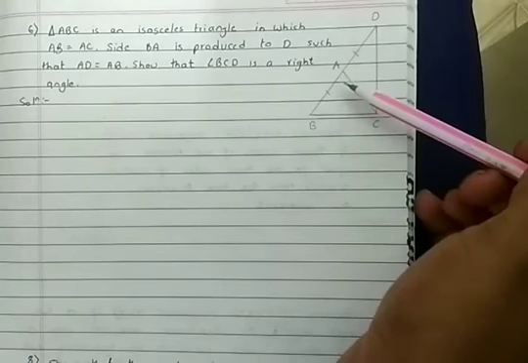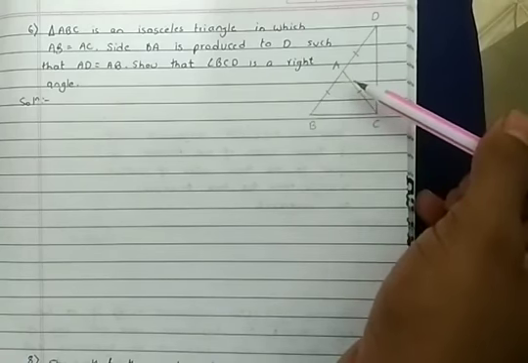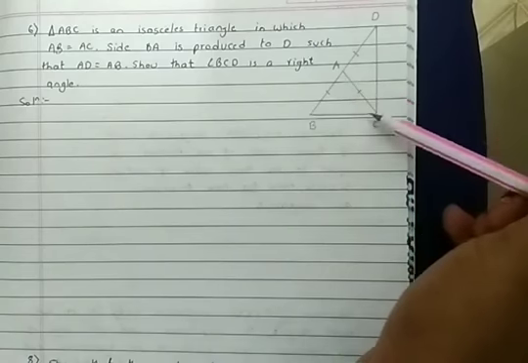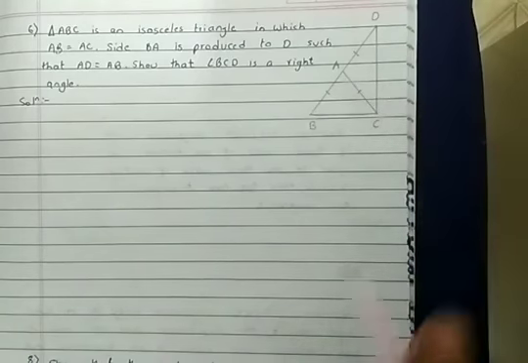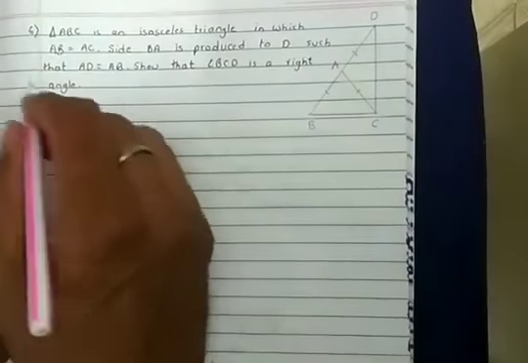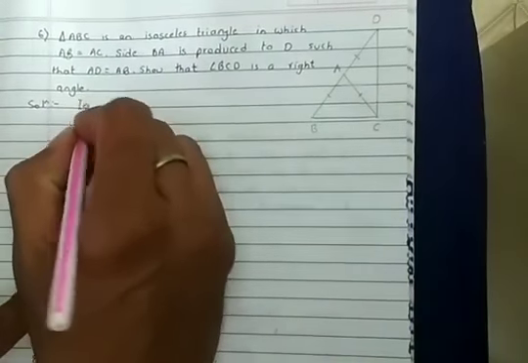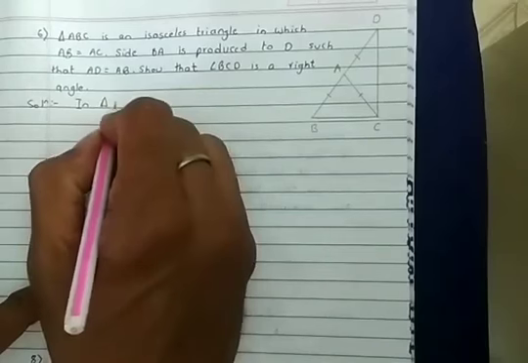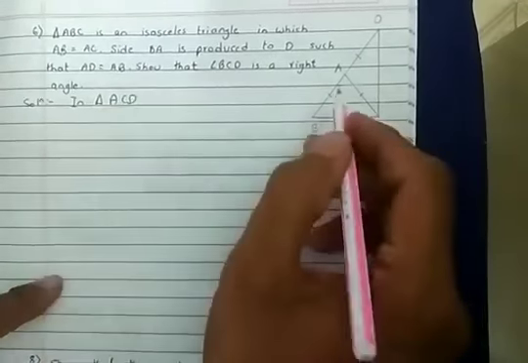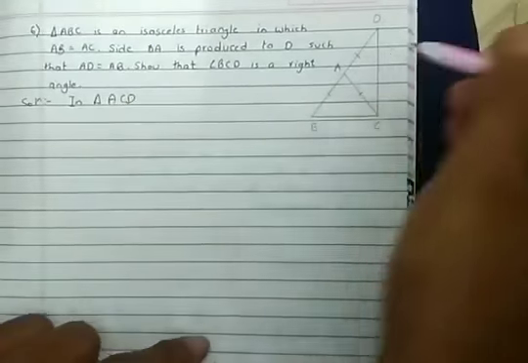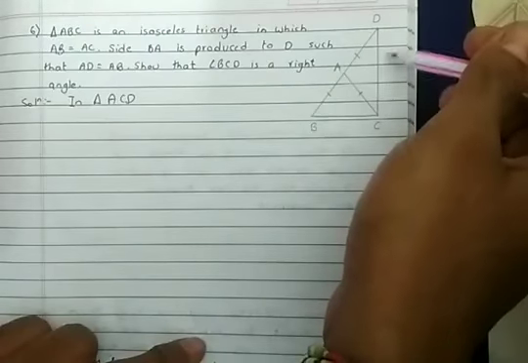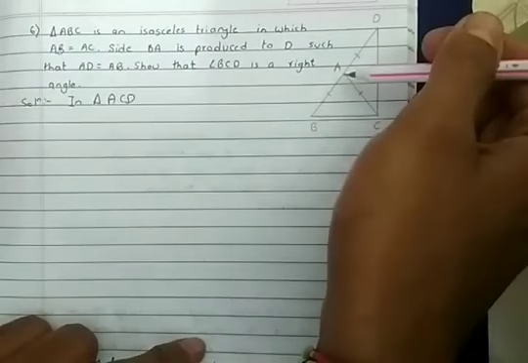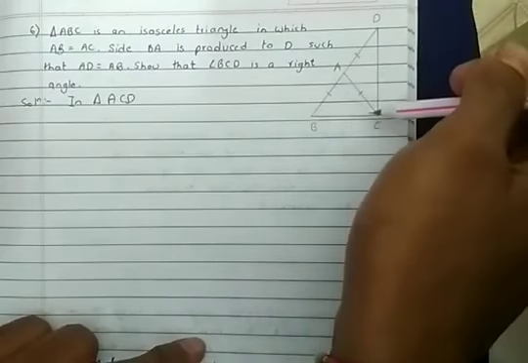You have to extend this A such that these two dimensions will be equal. Now it is asked that you have to prove BCD is a right angle triangle, right? So how will we start about it? First we will consider this triangle ACD, right? We will talk about this ACD in which AB is equal to AC is given.